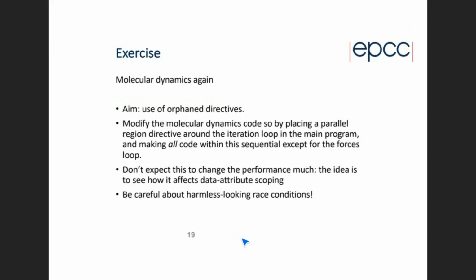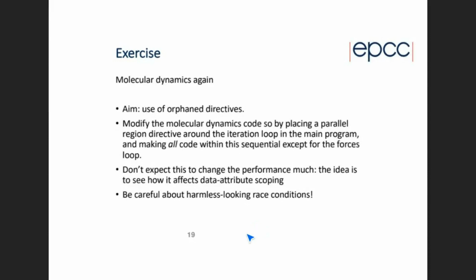So for the exercise, there are actually two bits. You can implement the Mandelbrot example with nested parallel regions, which is quite an interesting exercise. You can also take the molecular dynamics example and use orphaned directives.